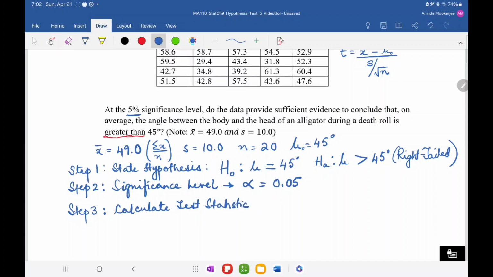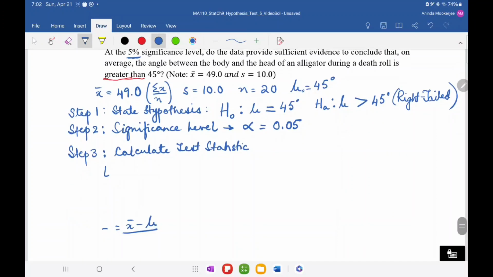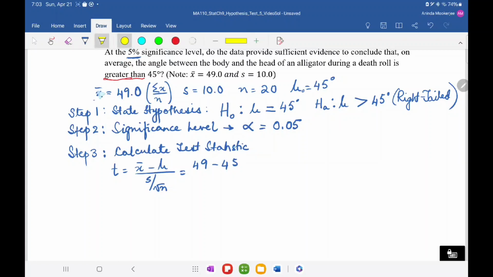And our test statistic is t. So the formula is t equals x bar minus mu over s divided by square root of n. Hold on one second, this is moving around, so let me rewrite this again. t equals x bar minus mu over s divided by square root of n. Let's plug in the values. x bar is 49. Mu is 45. So here's all our data.